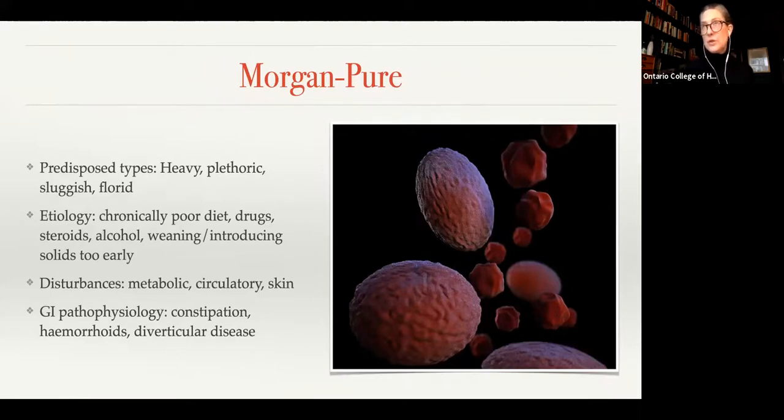Weaning and introducing solids too early can set up a Morgenpura state. The disturbance is metabolic and circulatory, and the disturbance is often seen on the skin as well. The GI pathophysiology is constipation, hemorrhoids, often from constipation and urging, and diverticular disease.